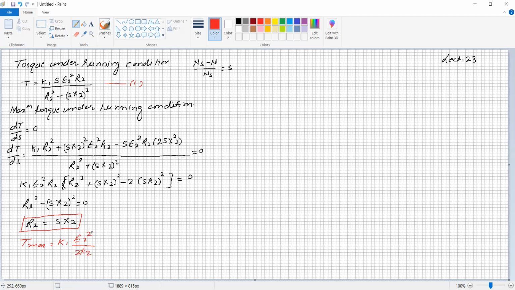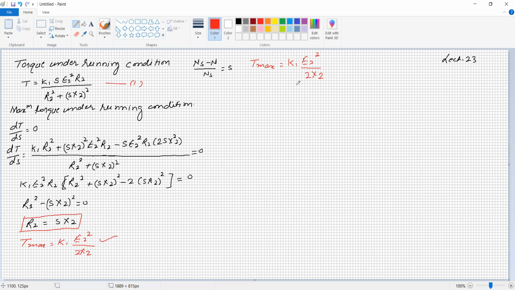This is a very important equation from which we can conclude two or three points regarding the maximum torque, its occurrence and its magnitude. We will rewrite this equation as T maximum is equal to K1 E2 square upon twice X2.